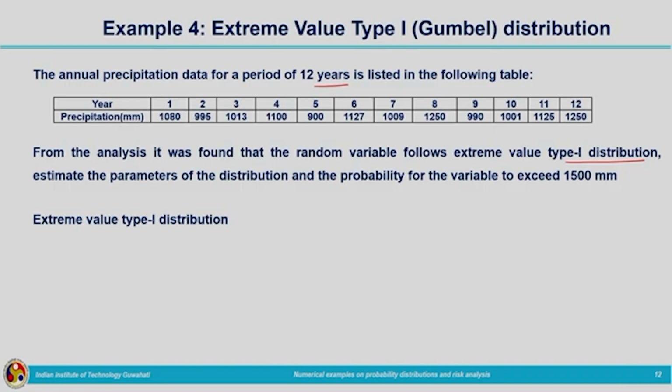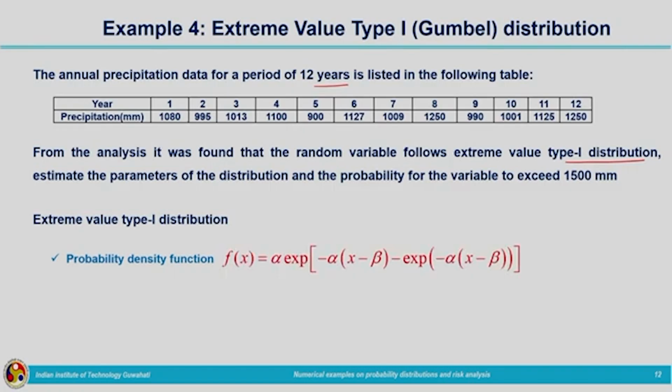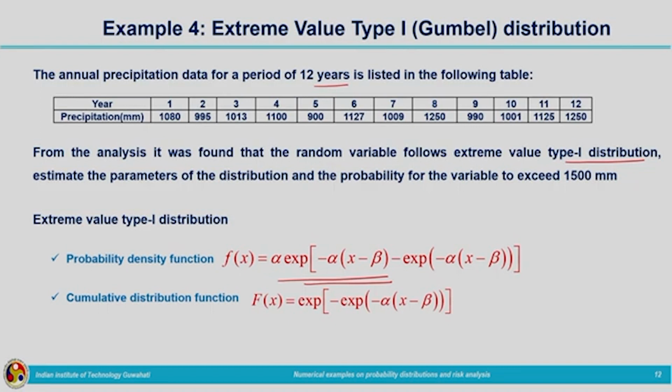So, here let us relook into the distribution function. Probability density function is given by f of x is equal to this particular expression, and cumulative distribution function is given by F of x is equal to e to the power of minus e to the power of minus alpha multiplied by x minus beta.